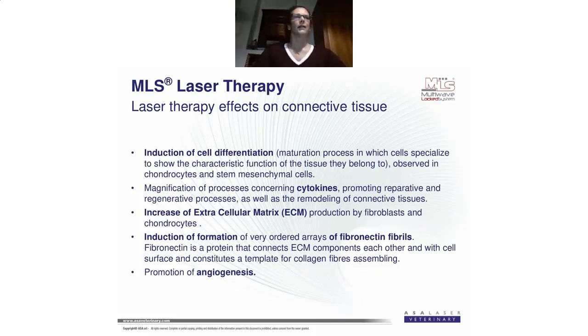We can have the induction of formation of very ordered arrays of fibronectin fibrils. This is true, but we also need a correct way of loading the horse. So it's not enough just doing laser therapy, but we also need some correct work.